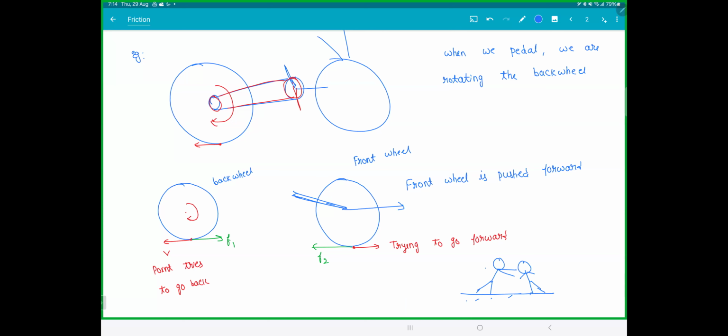Can you tell me how the friction will be on each of them? When you're trying to push your friend, how is the friction on you? This friction will be forward on you, isn't it? Because the legs are slipping backward. So you are like the back wheel.